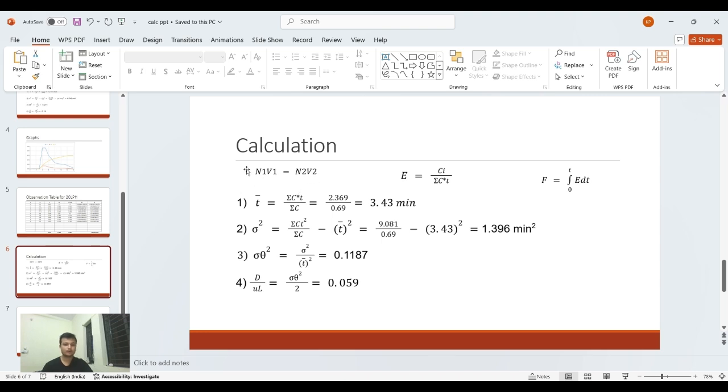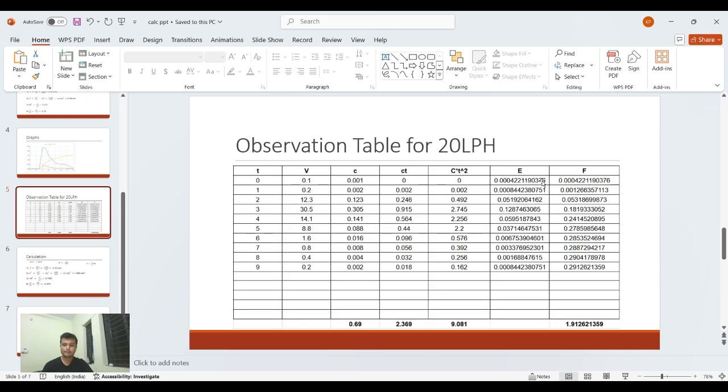Here from this formula we can get C. For E we use this formula. For F we will use this formula. So similarly we can get all the rest of the readings, and also the summation. Keep in mind to calculate the summation also for C, CT and CT square.